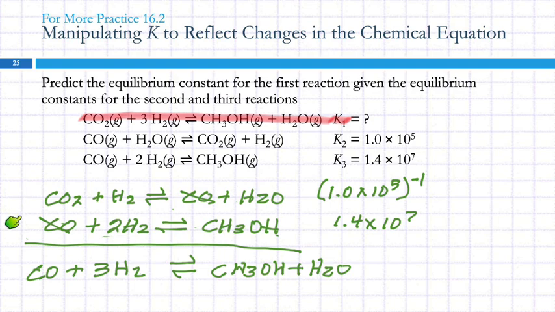So when I add these two equations, what do I do to the rate constants? Multiply. Not like delta H. It's kind of the same idea, but we've taken it up a notch. Instead of adding, we're going to multiply. So this is going to be times, right?